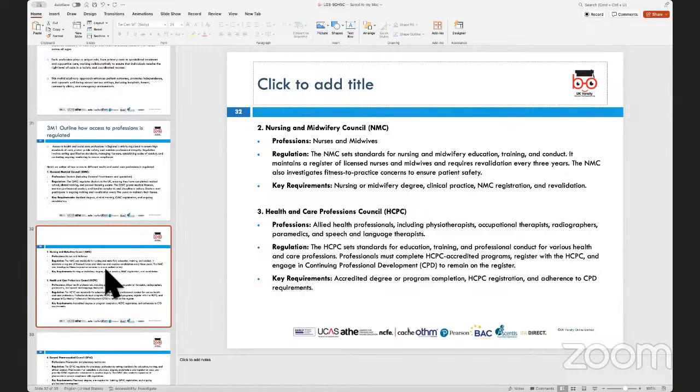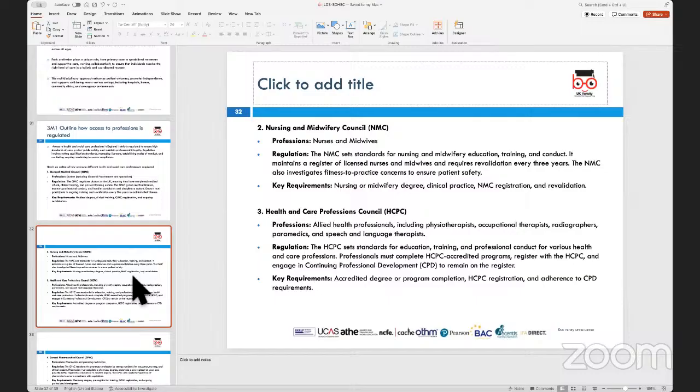They also independently carry out investigations if they find any serious flaws or complaints from patients who have received services from nurses or midwives. So this is the second important regulatory body which looks at regulating some of the professions that we've discussed in assessment criteria 3.2.